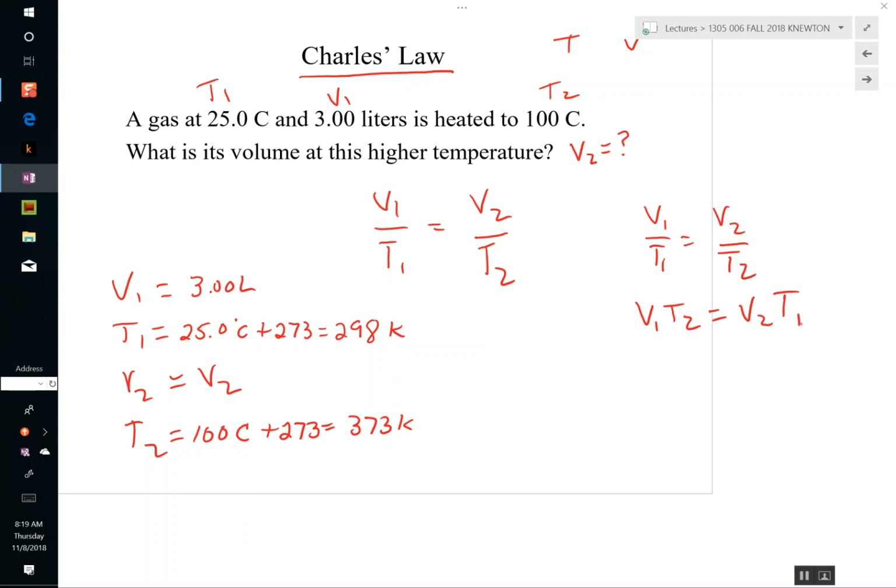By cross multiplying these, you could get a new expression that's easier to manipulate. But I just want you to see that this is V1 T2 equals V2 T1. Let me just show you how we get there.